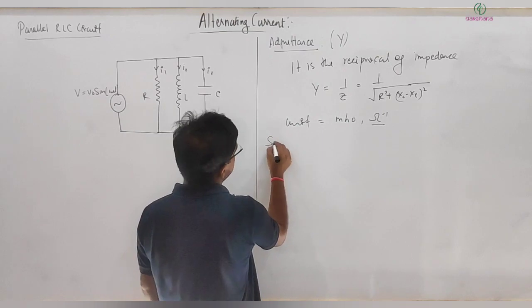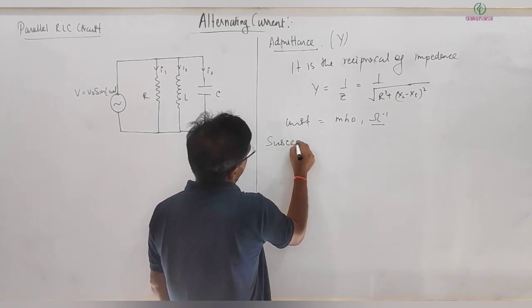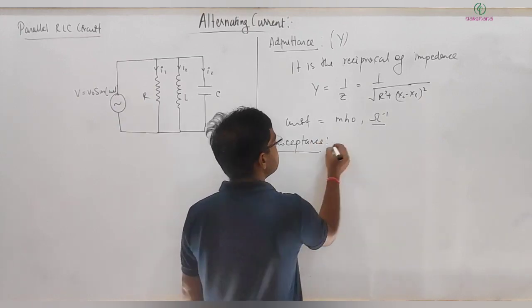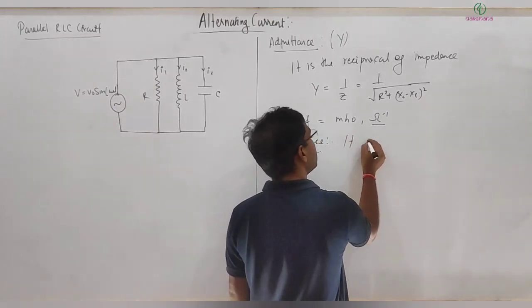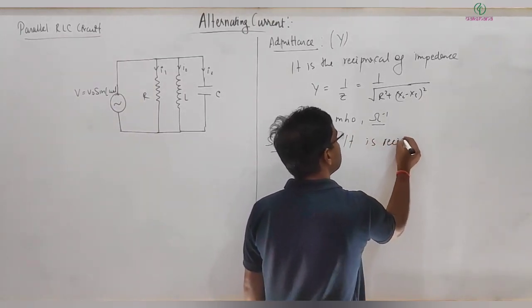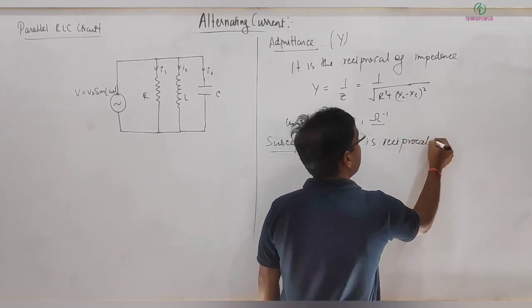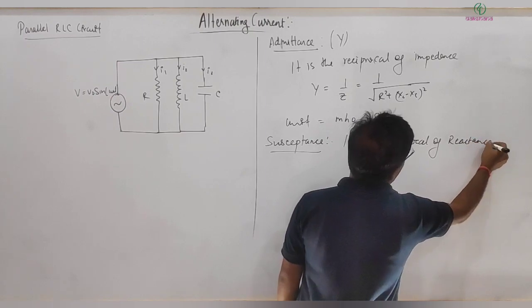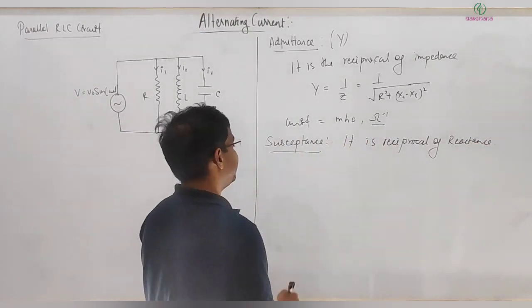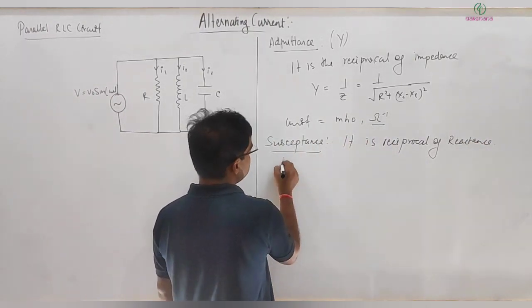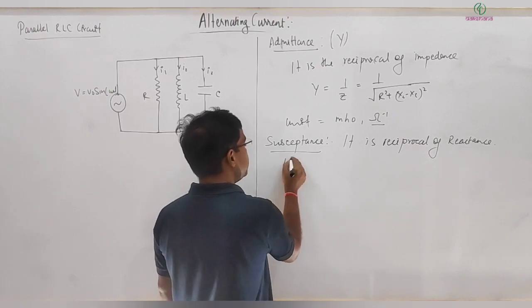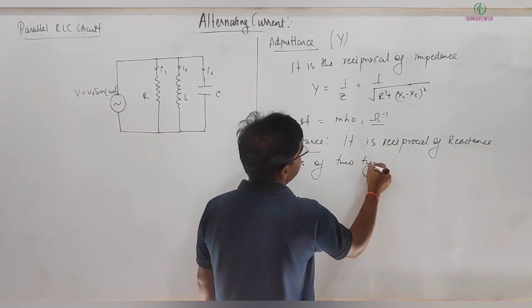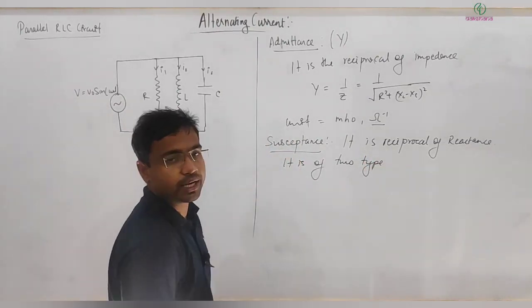Another is susceptance. It is the reciprocal of reactance X, and it's denoted by S. It is of two types, susceptance for inductor and capacitor.